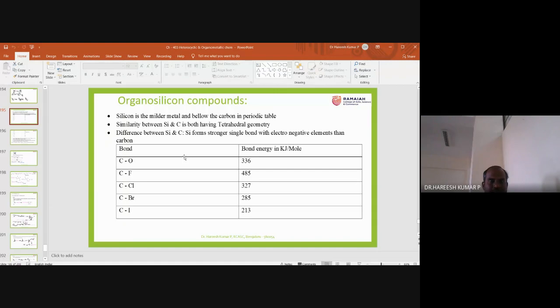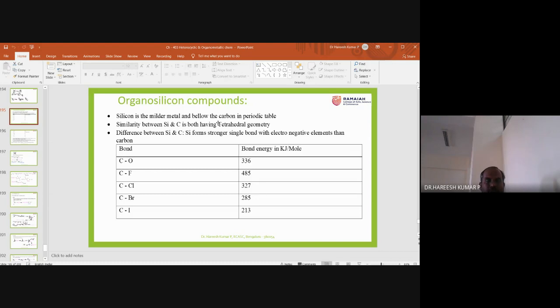Silicon, okay, is a metal. More particularly, it's a milder metal. I think you are aware of silicon tubes, okay, and silicon oil, and the silicon is situated below the carbon in the periodic table.